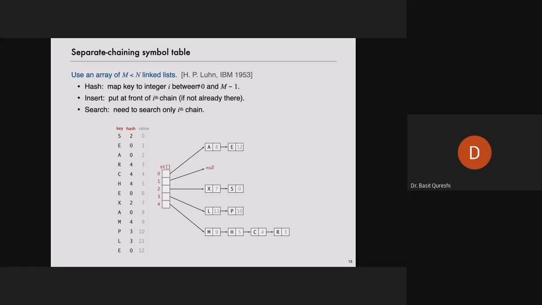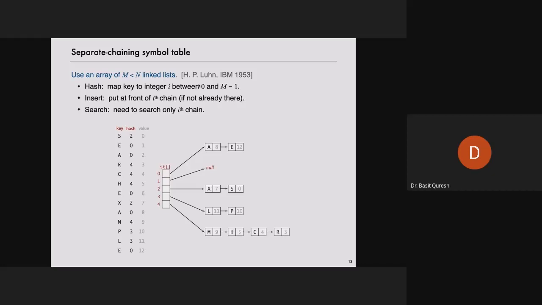Let's say the next value I would like to insert is s. S also hashes to the same position, 2. Now, instead of overwriting anything, we'll simply insert s in the beginning of the list. This means that the runtime would still be constant. Does it make sense?